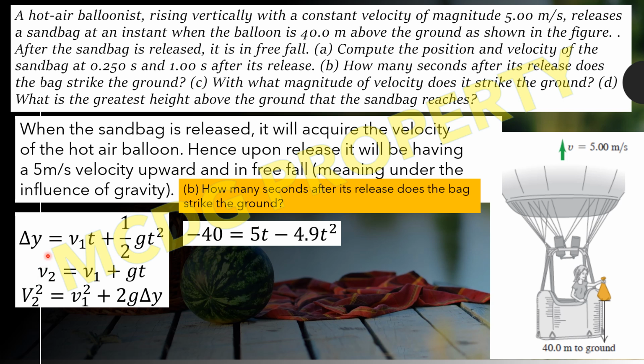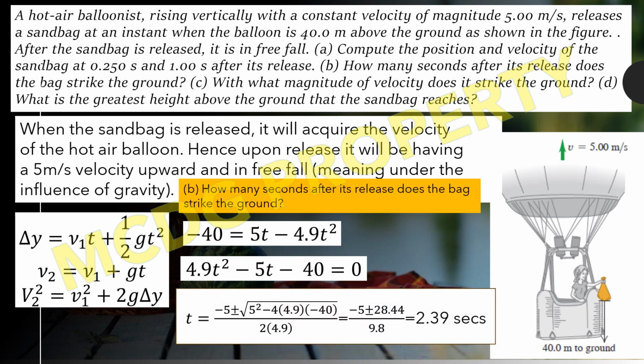So your delta y is negative 40. Again, we use this equation. So negative 40 is equal to 5t minus 4.9t squared. We solve the equation and we will have a quadratic equation. Solving for time t, time is 2.39 seconds. Hence, the bag will reach the ground 2.39 seconds after it was released.